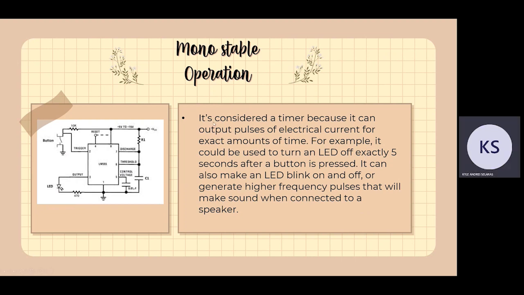It is considered a timer because it can output pulses of electrical current for exact amounts of time. For example, it could be used to turn on an LED for exactly 5 seconds after a button is pressed. Or it can also make an LED blink on and off or generate higher frequency pulses that will make sound when connected to a speaker.